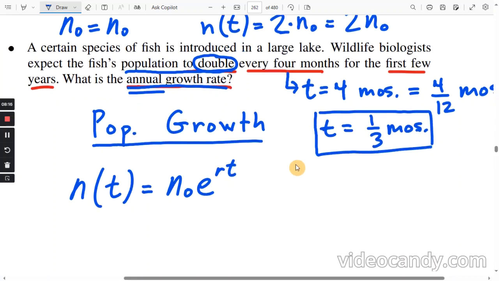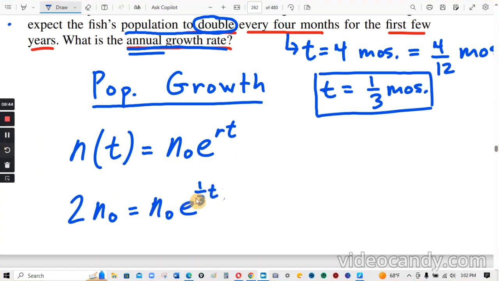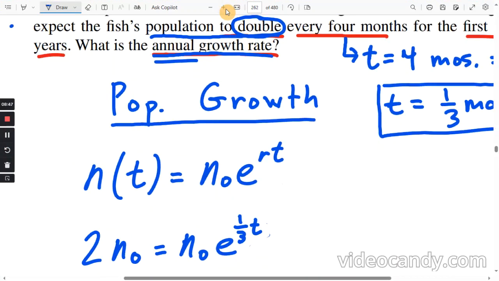And now we're in business. All right, N of t is going to be 2 N sub 0. That just means whatever you started with at time 0, it's going to be times 2. N sub 0 we don't know, and that is times e to the power of r times t. So the exponent here is 1/3 r.